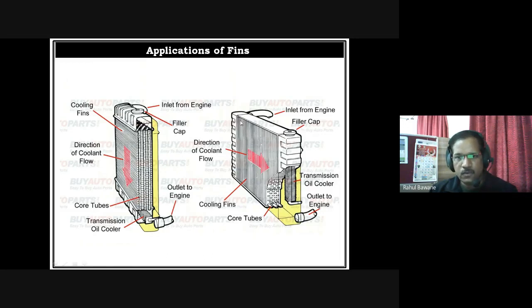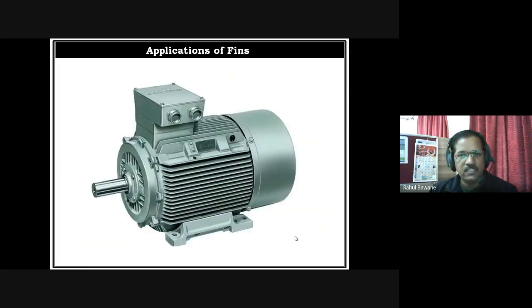During its flow, the vertical fins provide an extension to the surface of the fluid-carrying tubes, and the cooling air blows over these fins and cools down the coolant, or the hot fluid.